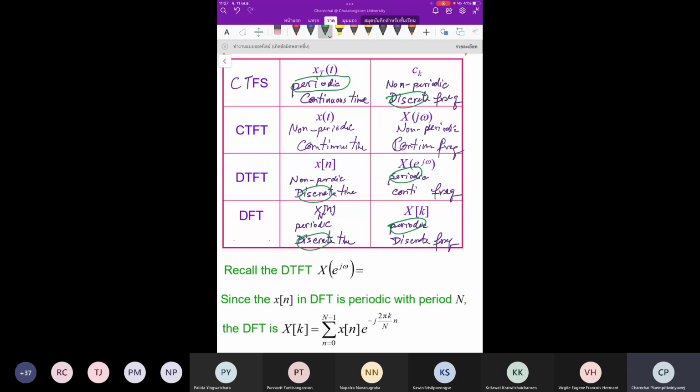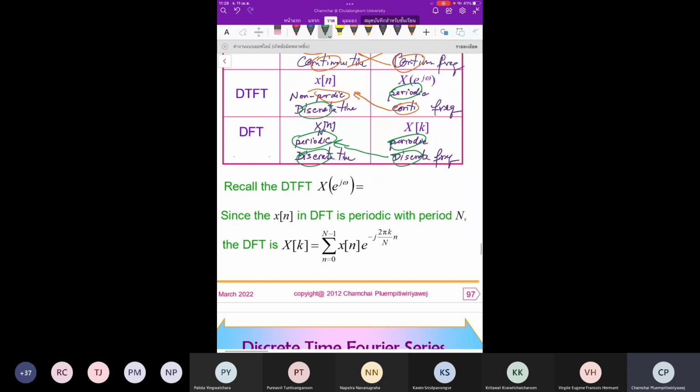If one domain is continuous, the other domain would be non-periodic. If one domain is discrete, the other one will be periodic. You can see the matching between periodic and continuous.